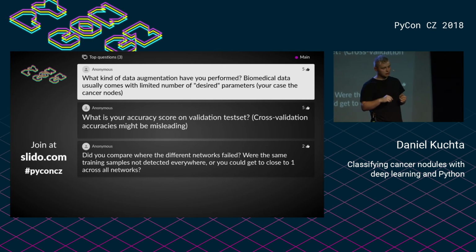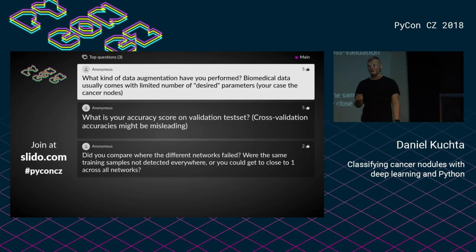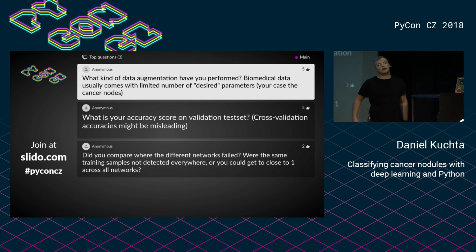So, if you mean data augmentation in terms of creating a more robust data set, we actually added some noise during the training when we were doing the segmentation. When we were doing the classification, I think we didn't do any extra data augmentation.